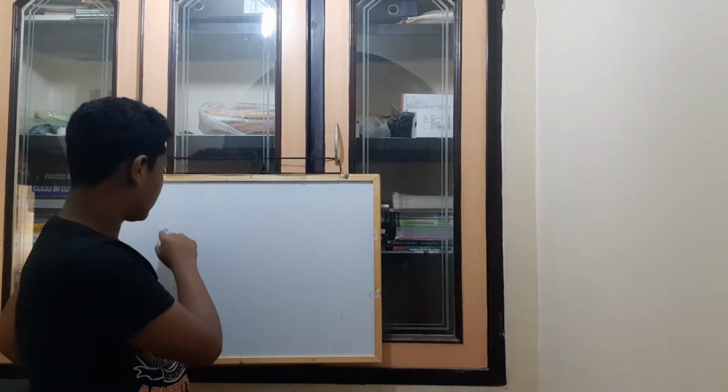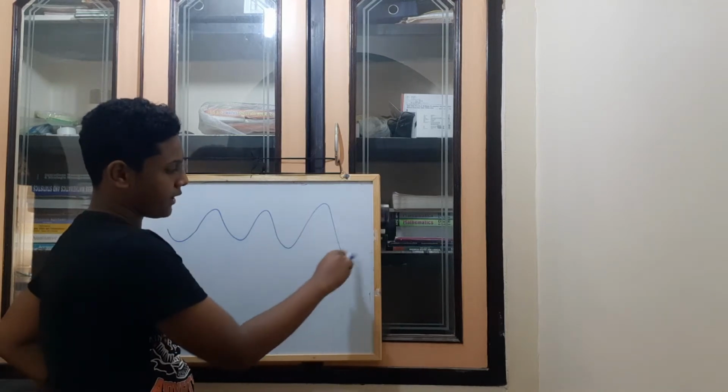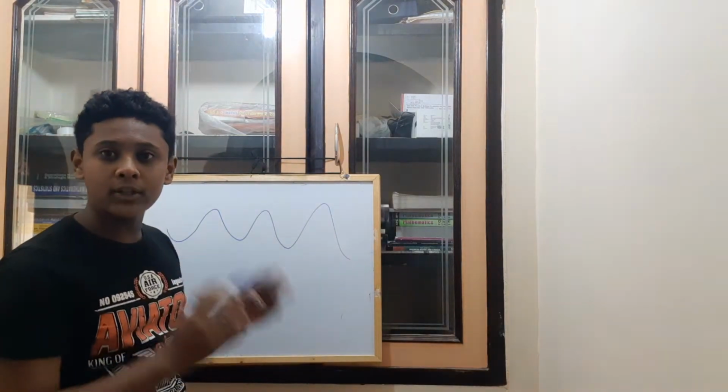Let's begin. If this is what a wave looks like, it's a simple wave. Let's label this wave.